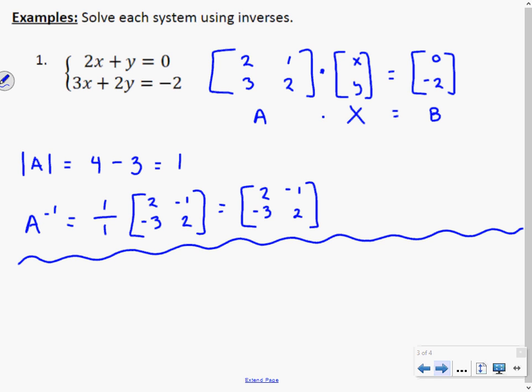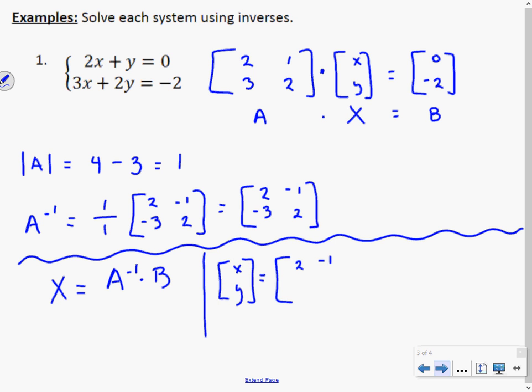Remember, our big idea was that the X matrix, with the X and Y variables, is equal to the inverse of A times B. So we need to set up this equation now. X, which is really, let's write it as a matrix, XY, is equal to the inverse of A, which is 2, -1, -3, 2, times matrix B, which is 0, -2.